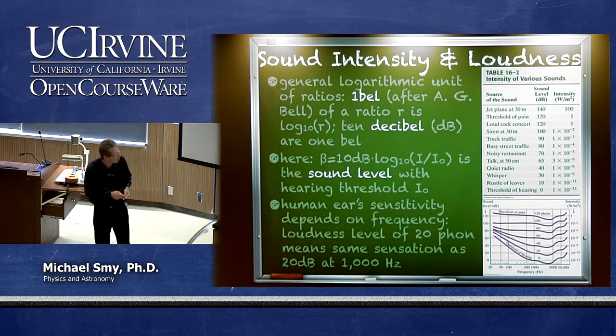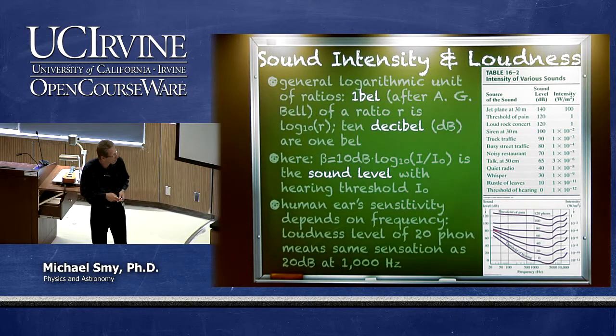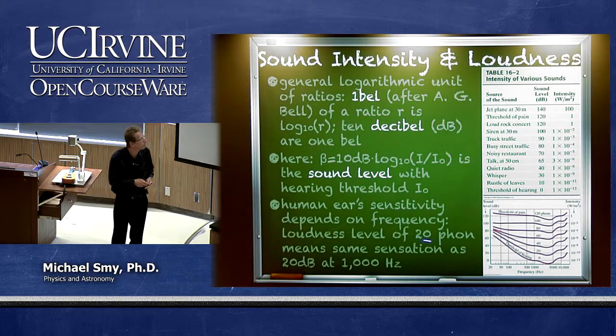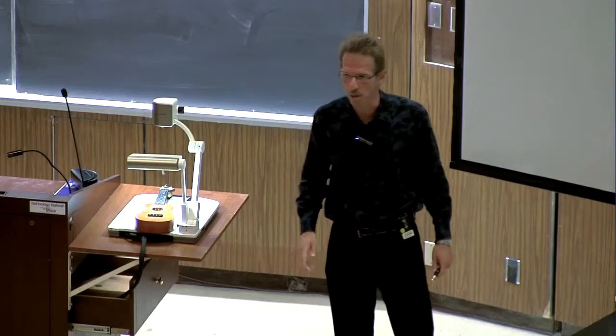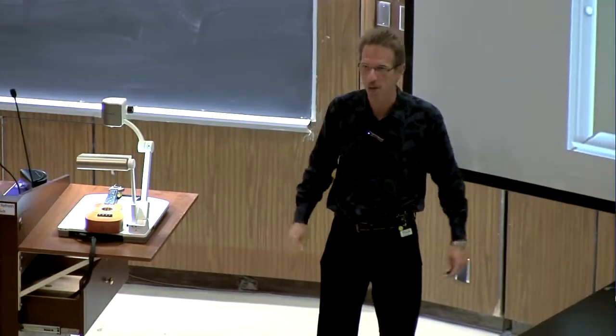For example, here 20 phone as a function of frequency. So if we have this kind of intensity here, the absolute sound level of, say, 60 decibels at this frequency, then it appears to us, when we listen to it, about as loud as 20 decibels at 1,000 hertz, and therefore we say the loudness is 20 phone. So I will illustrate that with examples in the next lecture.